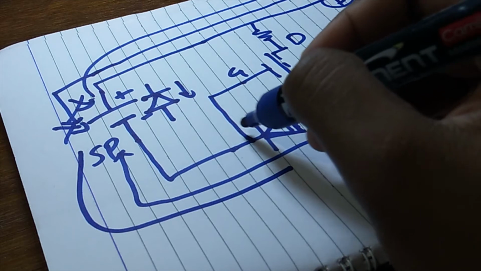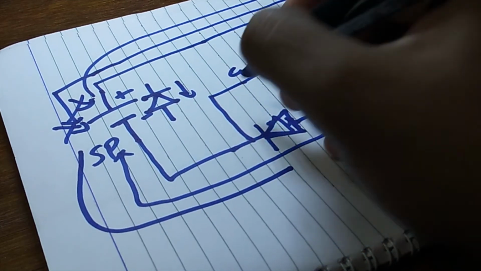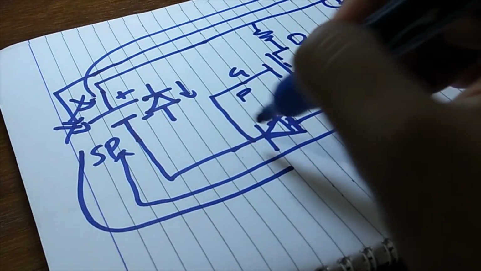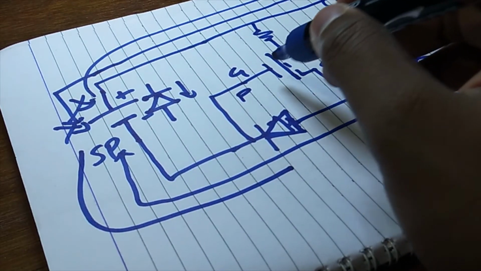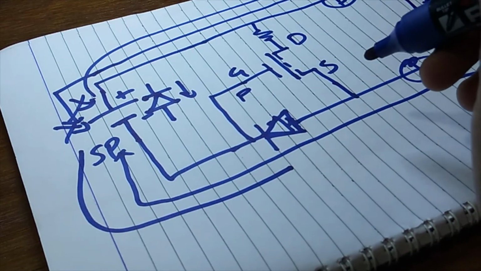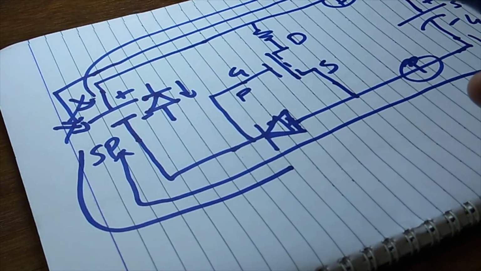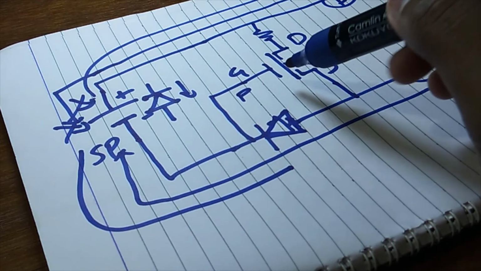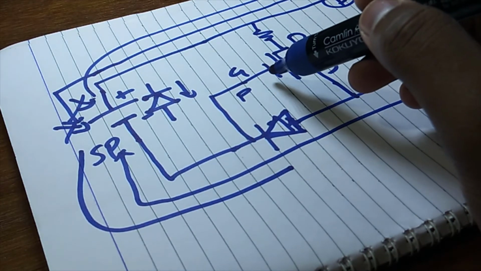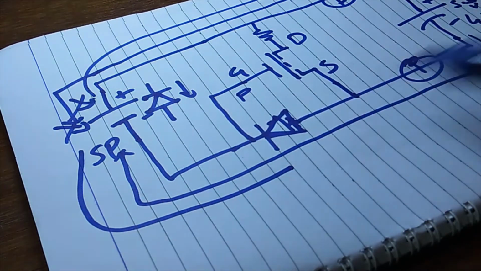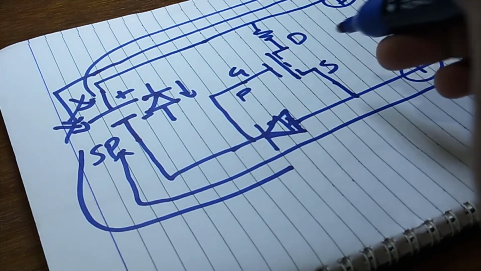So what happens? A simple thing happens. The voltage at the gate now is basically positive. Now, this being an N-channel MOSFET, when you apply a positive voltage at the gate which is higher than the source voltage, the MOSFET turns on. So the MOSFET now sees a positive voltage on its gate compared to when the solar panel was charging it, because at that time it was all negative here, and we were not seeing anything.